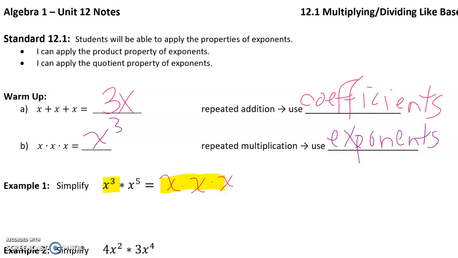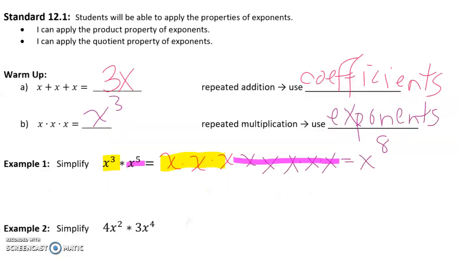Now, when we take that times x to the fifth, that means that we have 5 x's: 1, 2, 3, 4, 5. So that covers x to the fifth. As you can see, we have 3 from the first one, 5 from the second one. So altogether, how many x's are we multiplying? You're right, we're multiplying 8 of them, so we would say x to the 8th.